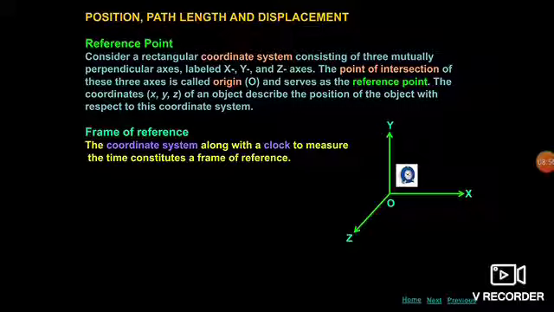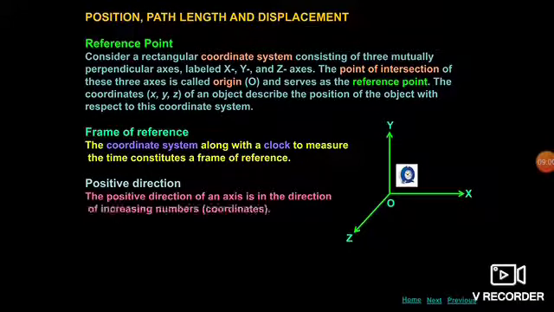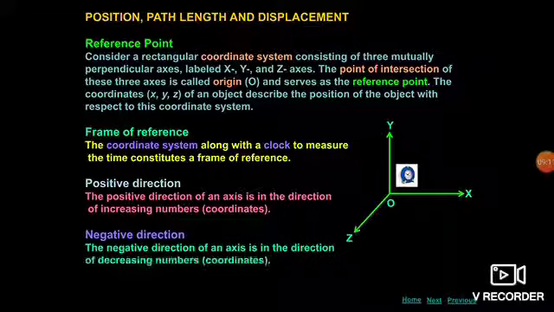It means in this also we will consider the time axis. Positive direction we also take. What do you mean by positive direction? The positive direction of an axis is in the direction of increasing numbers, coordinates we can say. The negative direction of an axis is in the direction of decreasing numbers or coordinates.